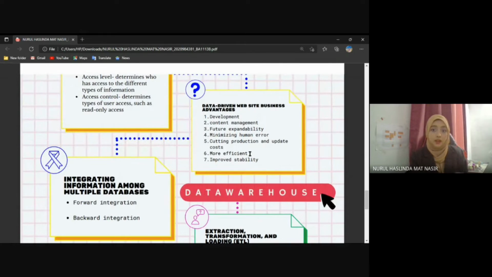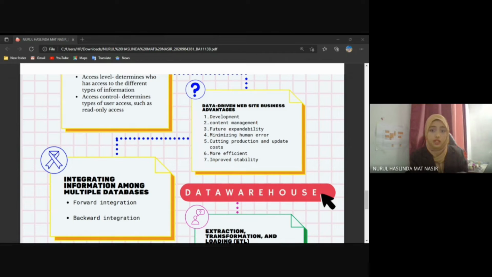Next, data-driven website business advantages. The first one is development, which is without having to rely on a developer. A well-structured data-driven website enables updating with little or no training. Second, content management, which will have error trapping mechanisms to ensure that required information is filled out correctly.